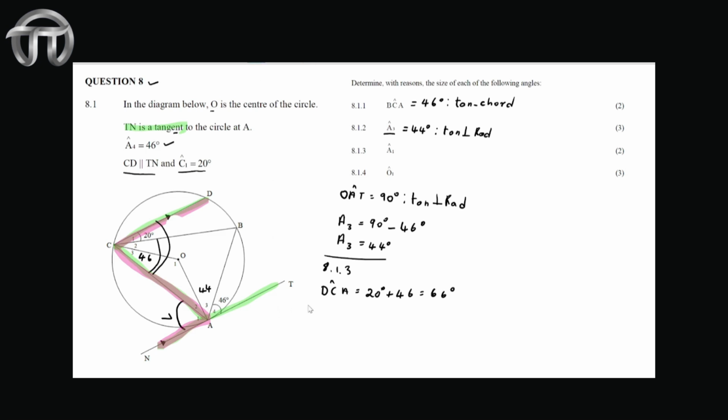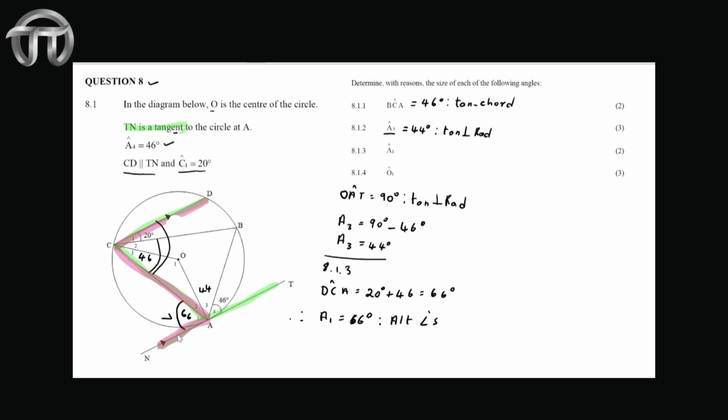It is alternating with A1, which means that A1 is equal to 66 degrees. And how do we establish that? We've got alternating angles there. So A1 is equal to 66 because it is alternating with DCA.